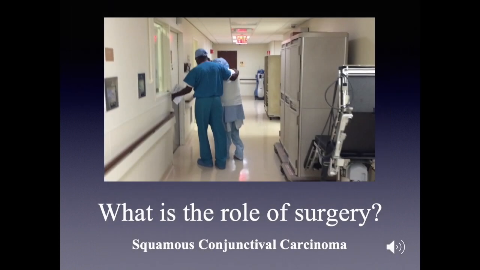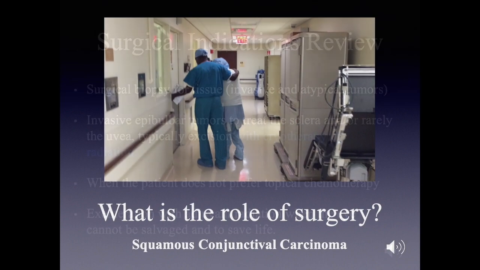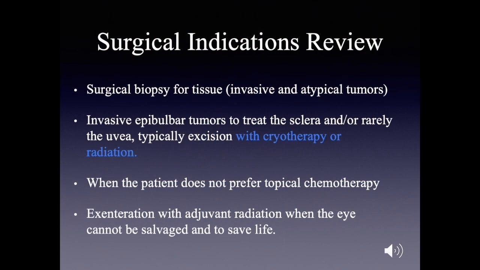So back to the title of this talk. What is the role of surgery for ocular surface squamous carcinoma? My current surgical indications include tissue biopsy for invasive and atypical tumors.